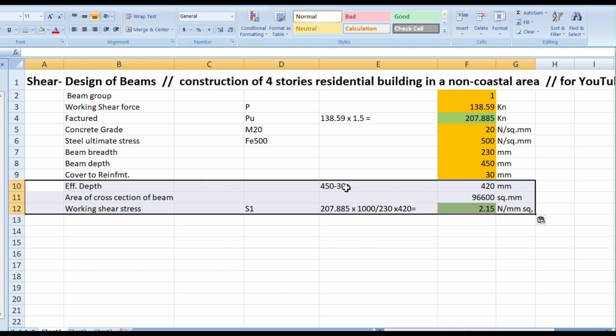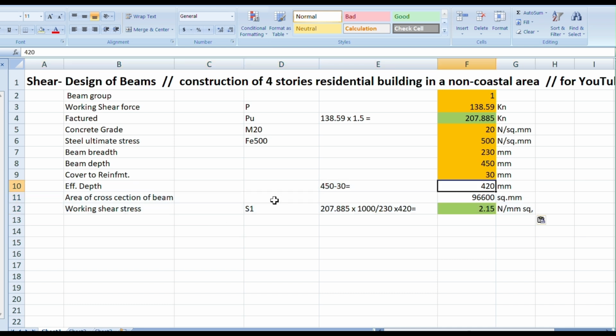Total depth minus cover is called the effective depth. The area of cross section of the beam is breadth 230 into 420, the effective depth.